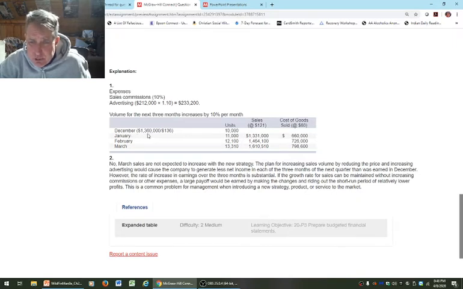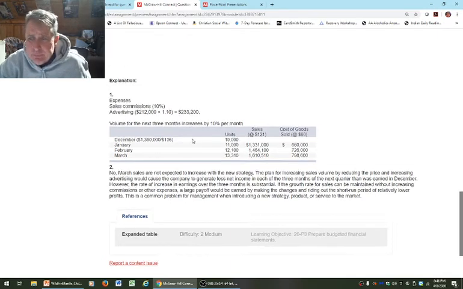December is 1,360,000 divided by 136 gives you 10,000 units, right? And then January 11,000, February 12,100, right? You're increasing by 10%. So 10,000 plus 10% is 11,000. 11,000 plus 10% is 12,100. Okay, and so on. So there you go.